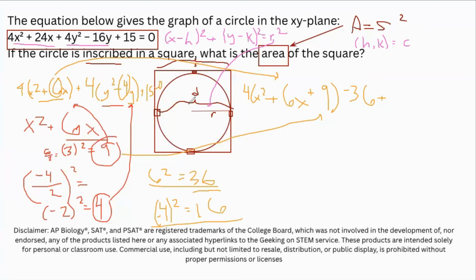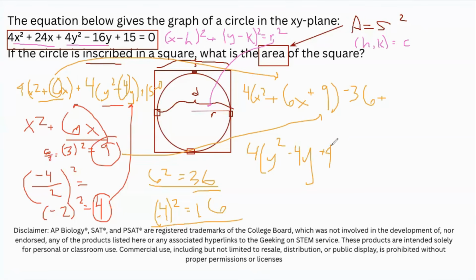And then I have to go ahead and complete that as well. So what I mean by that is I brought over the 36. I'm going to do the same for the other one. So 4 parentheses y squared minus 4y plus 4.